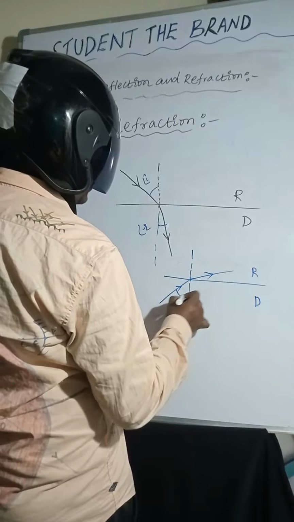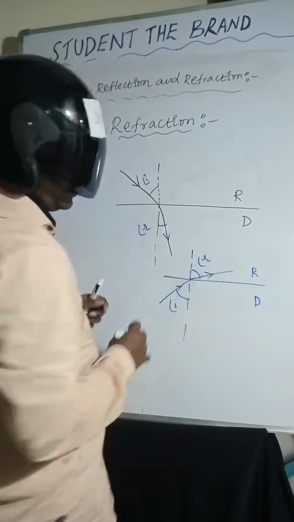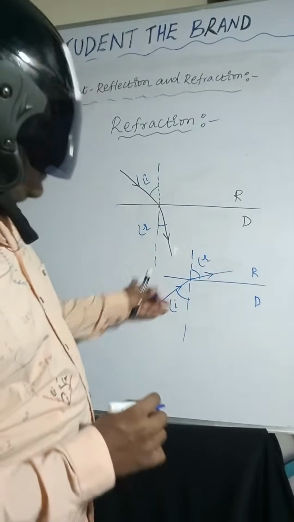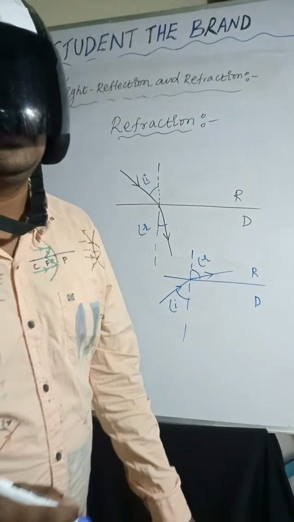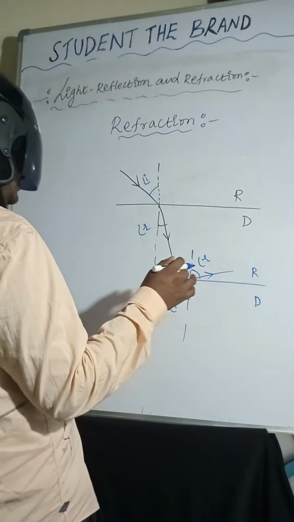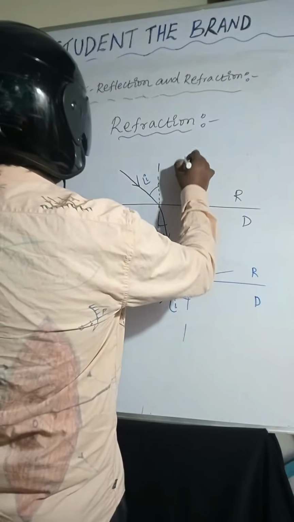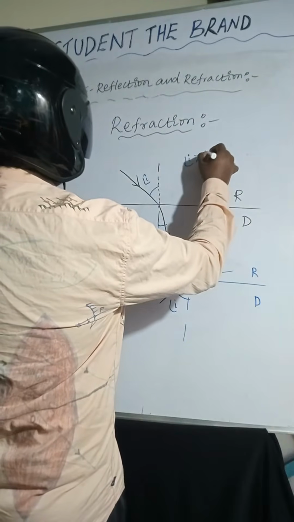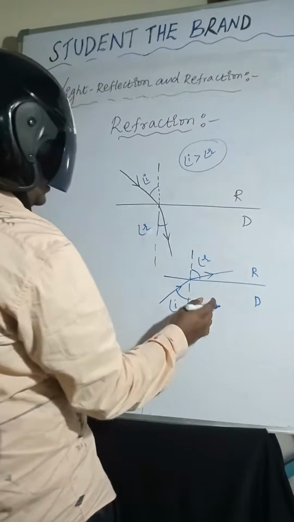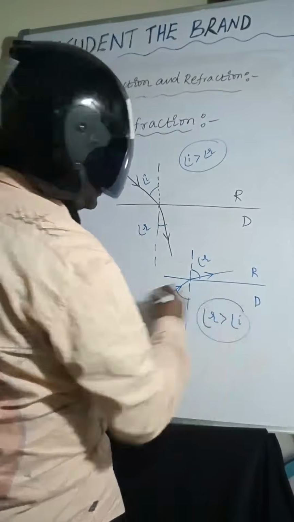In this case, angle of incidence is greater than the angle of refraction. Here, angle of refraction is greater than the angle of incidence.